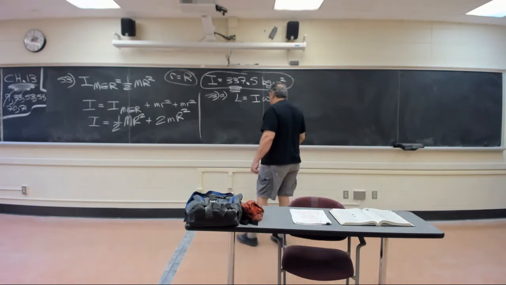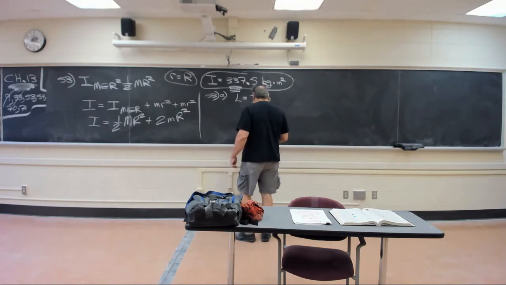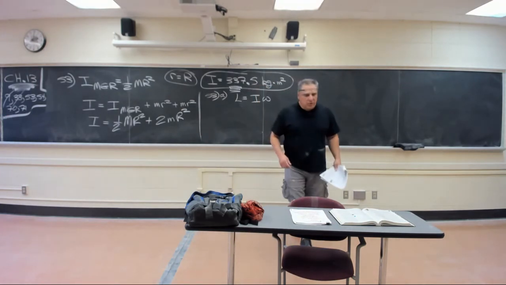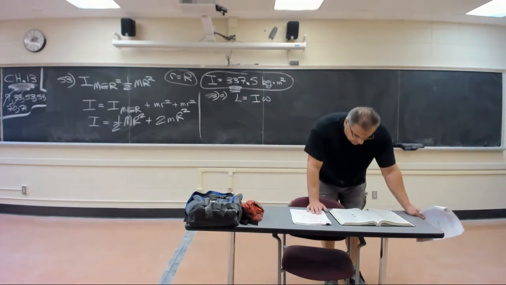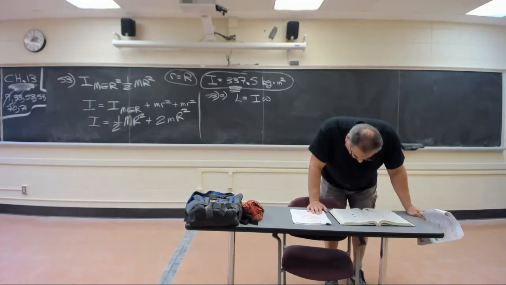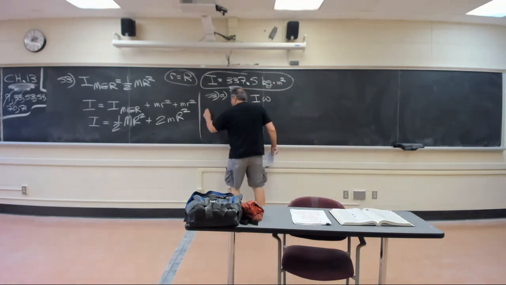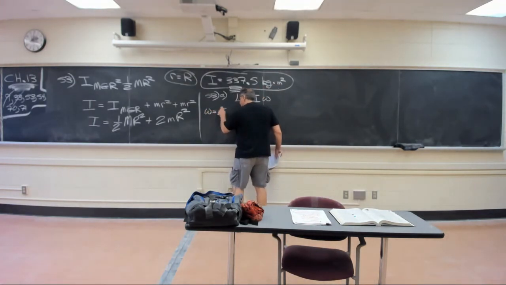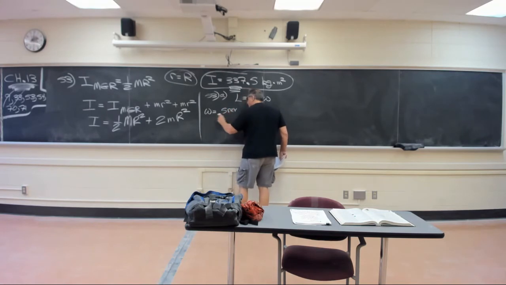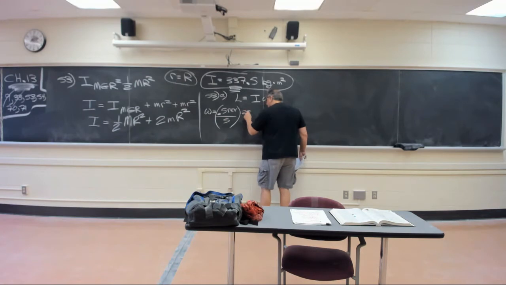Do you understand that they are telling us it's one revolution, a half a revolution per second? It's 0.5 revolutions per second. Is it true that omega is 0.5 revolutions per second times 2 pi radians per one revolution?